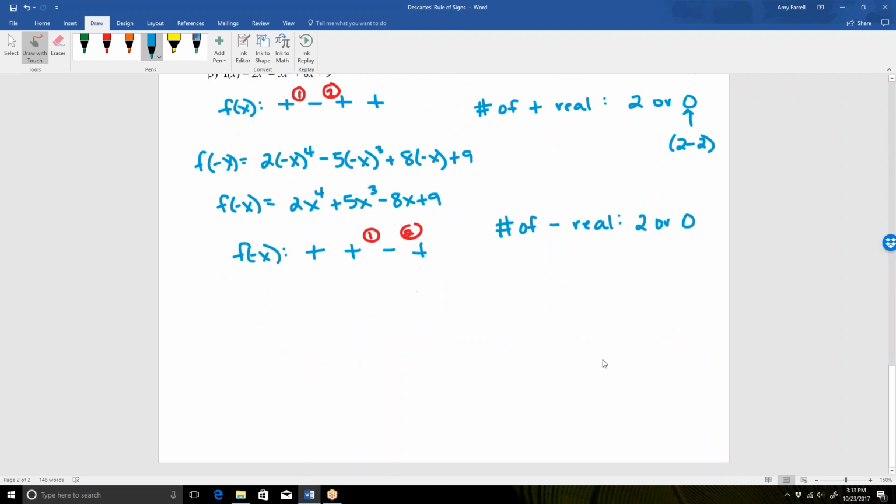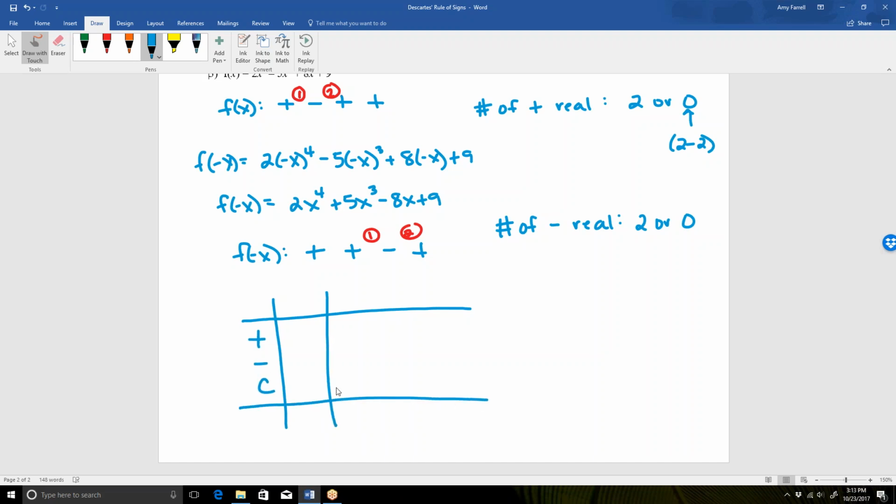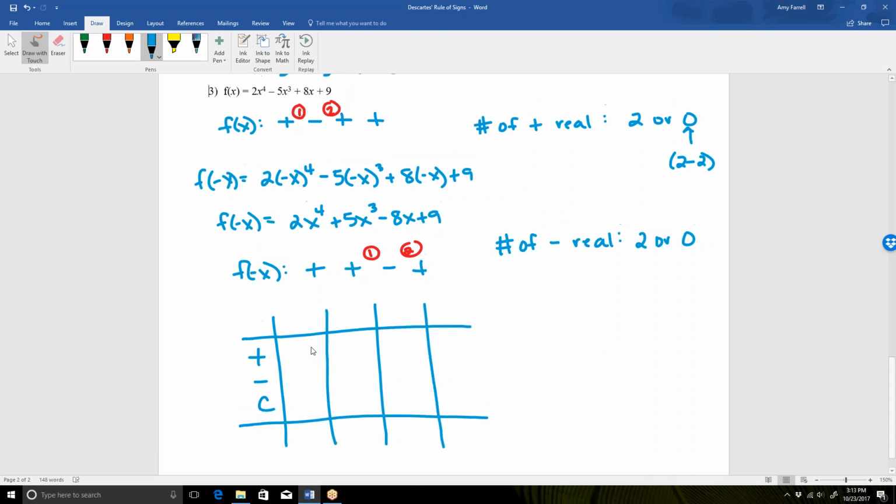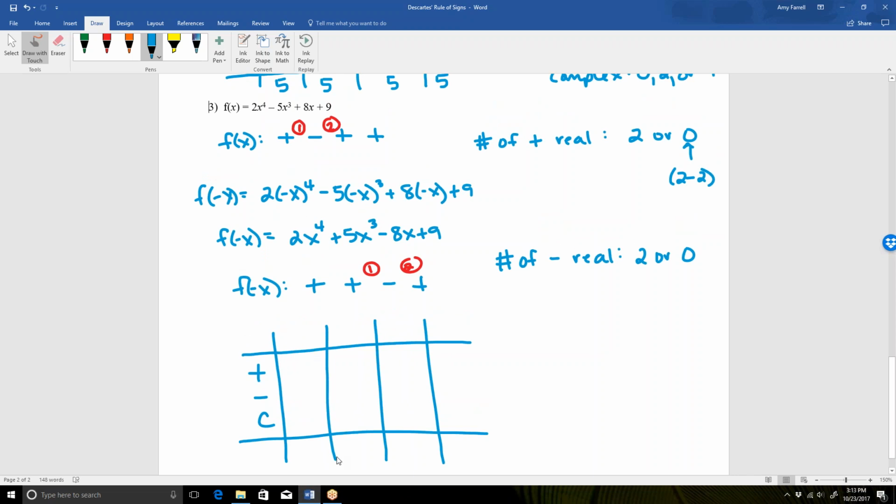And then to figure out the number of possible complex solutions, I like making a table. I think it's helpful. So we've got positive, negative, complex. I know that I need a total of 4 zeros because the degree of the polynomial function is 4.